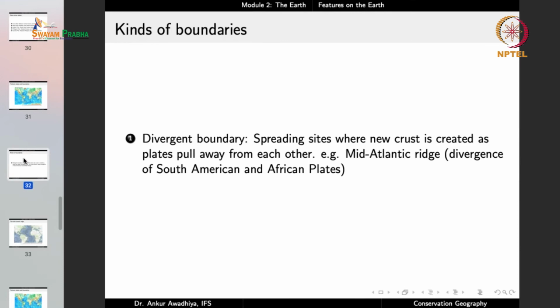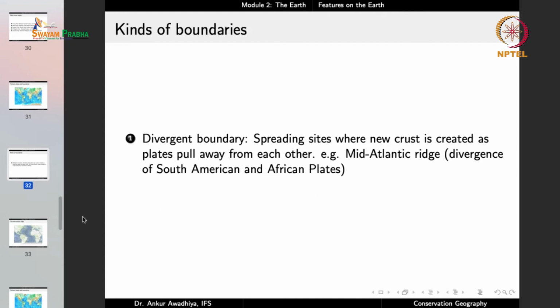Now between these plates we can have different kinds of boundaries. The major boundaries include the divergent boundary, which are spreading sites where new crust is created as plates pull away from each other, such as the Mid-Atlantic Ridge, where we have a divergence of the South American and African plates.